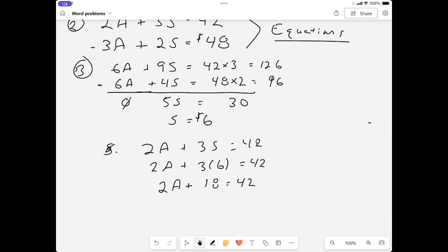So now I'm going to subtract 18 from both sides. And then what we get when we do that is 2a equals 24. And so a is going to be equal to 12. And so that's how we solve that problem.